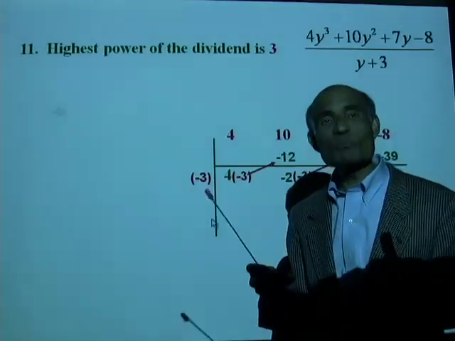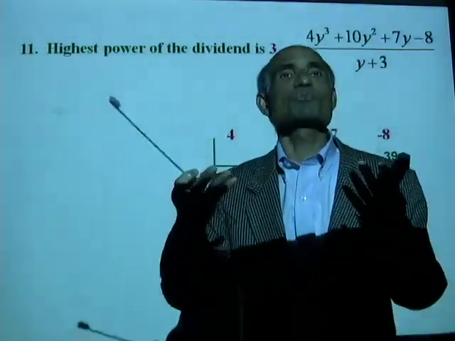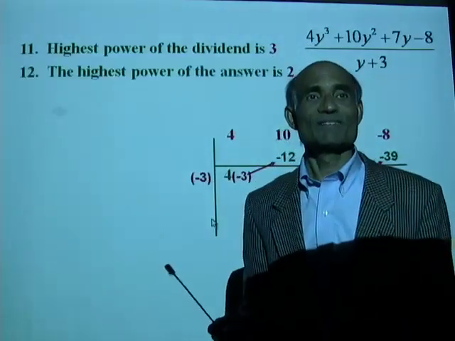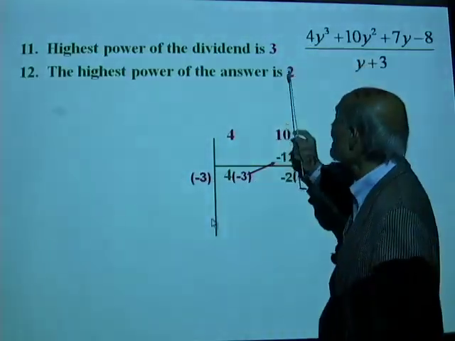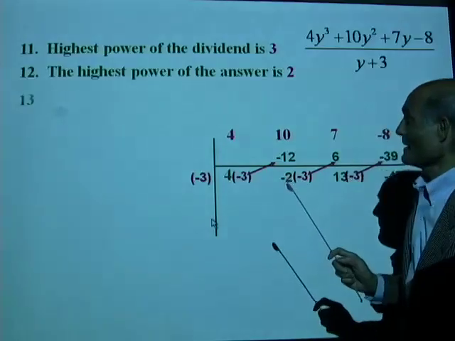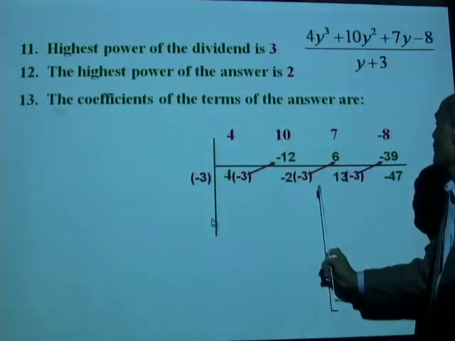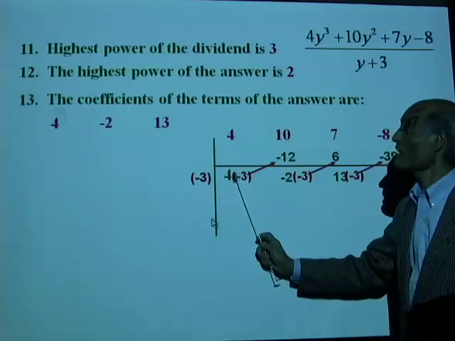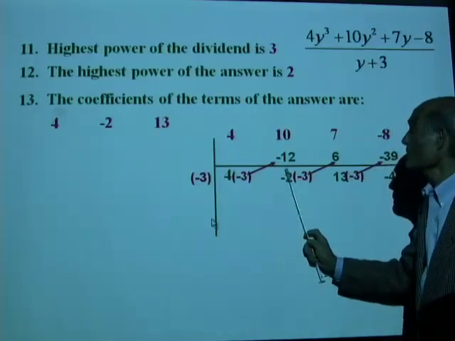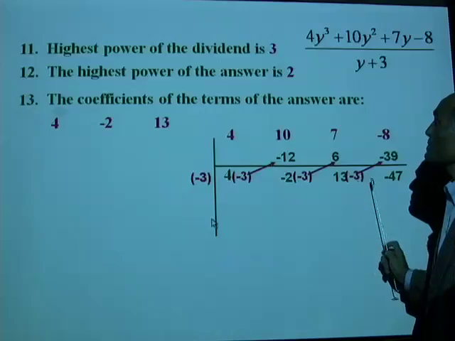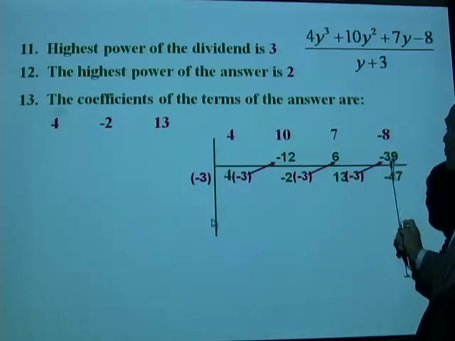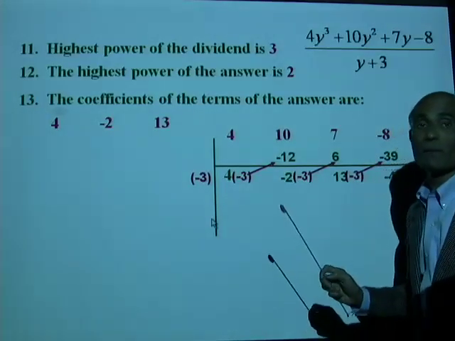That means what will be the highest power of the result? The highest power of the result will be therefore 2. Now, the coefficients of the terms of the answer are 4, negative 2, 13, and negative 47 is the remainder.